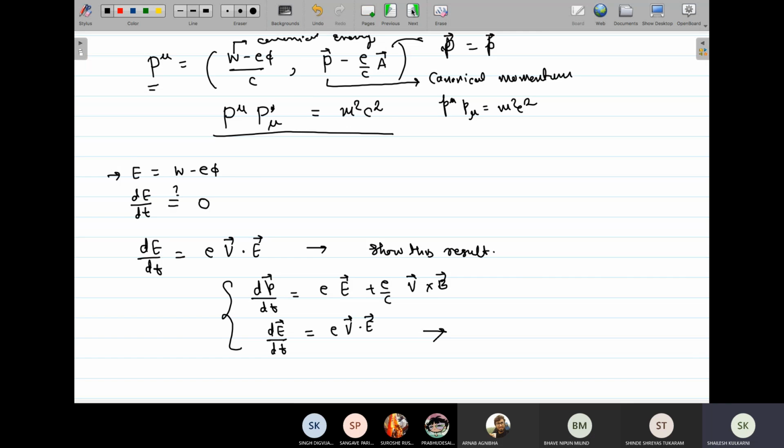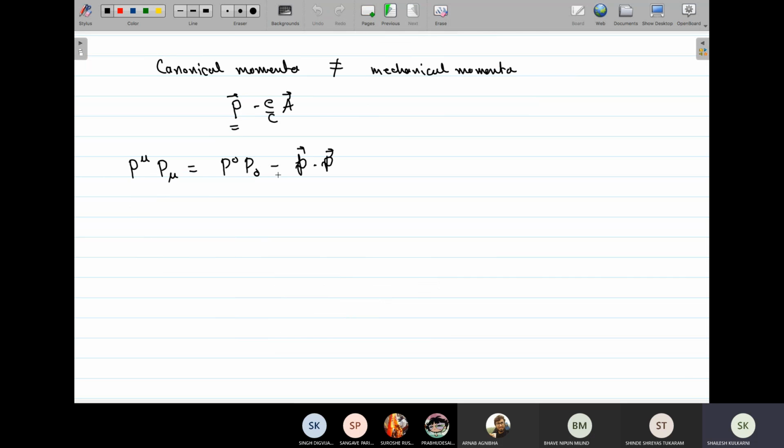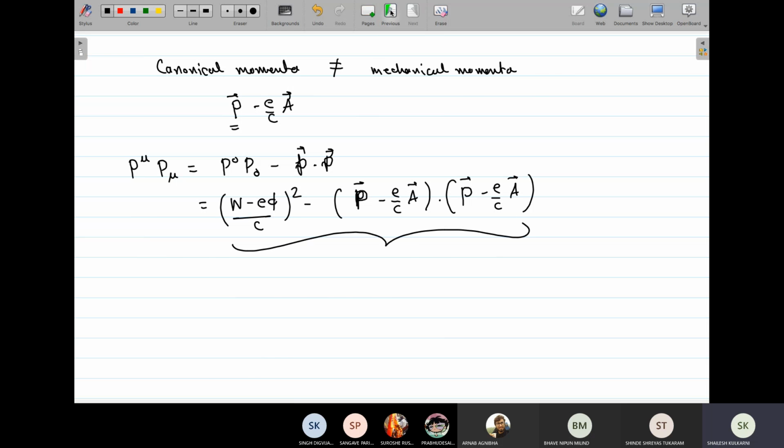So P0 squared minus P dot P. P0 is your W minus E phi by C, squared, minus P dot P, where P is canonical momenta minus E by C A dotted with canonical momenta minus E by C A. And what is this relation? This relation is just this, right?